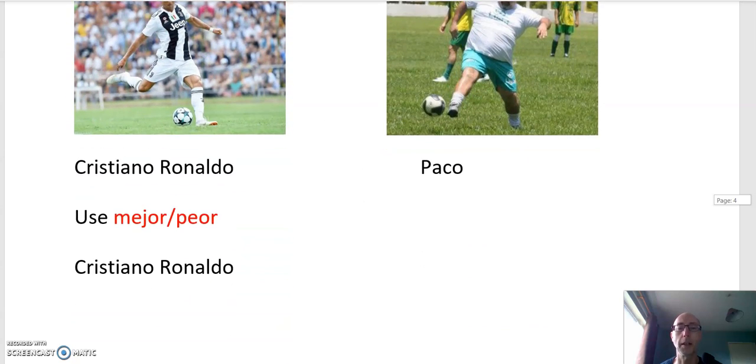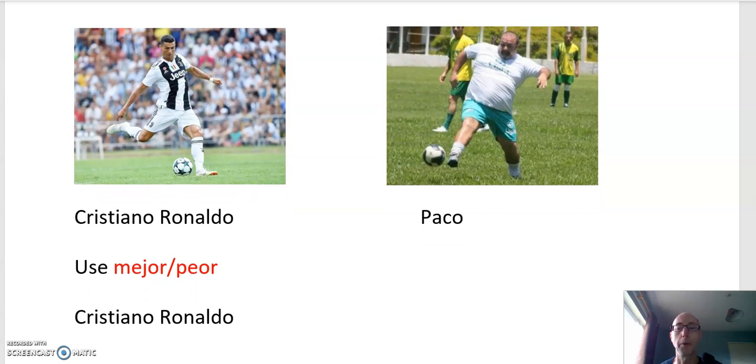Okay, let's have a look at comparing mejor and peor. Cristiano Ronaldo and Paco playing in the field. So we can use mejor and peor to talk about Ronaldo and Paco. I think we can safely say Cristiano Ronaldo es mejor que Paco.